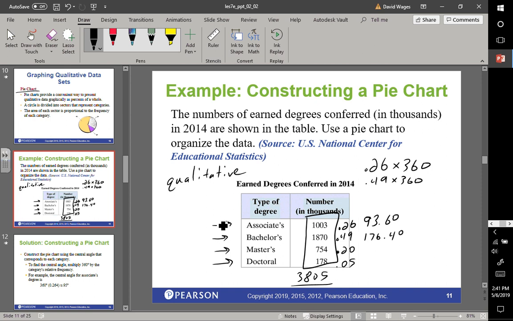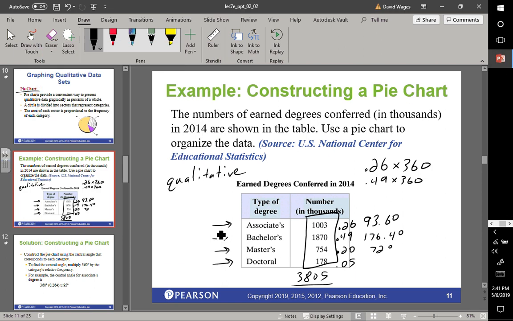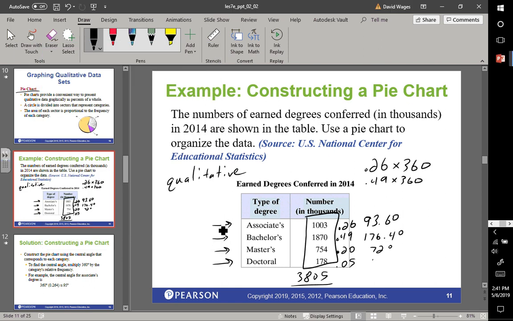Then we want 20% of 360. That gives us 72 degrees. And then 5% of 360 gives us 18 degrees.